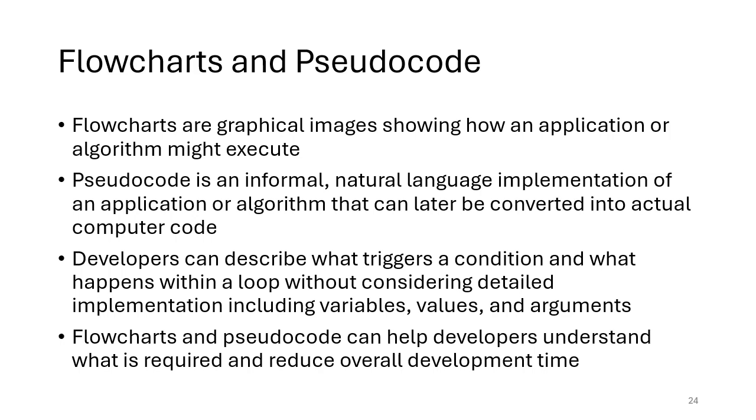Flowcharts are graphical images showing how an application or algorithm might execute. You also might write pseudocode. Pseudocode is an informal natural language implementation of your application or algorithm that can later be converted into actual computer code. That's certainly a mechanism I often write.